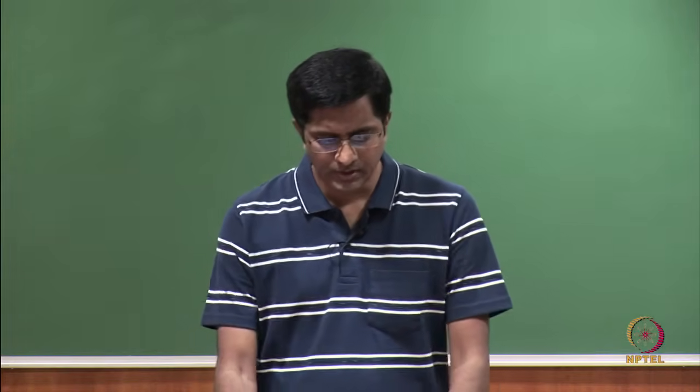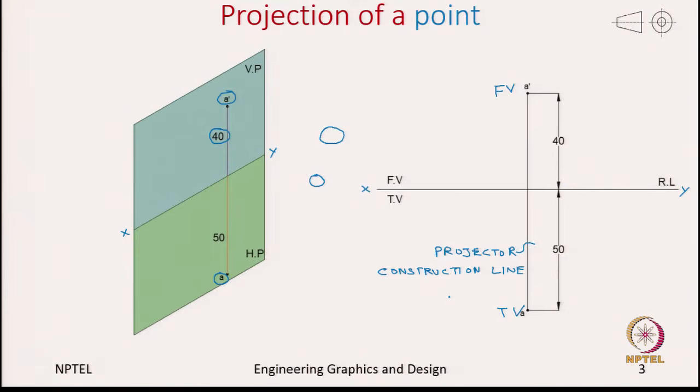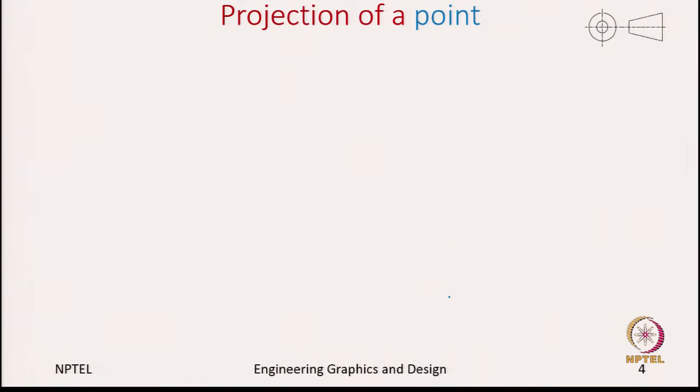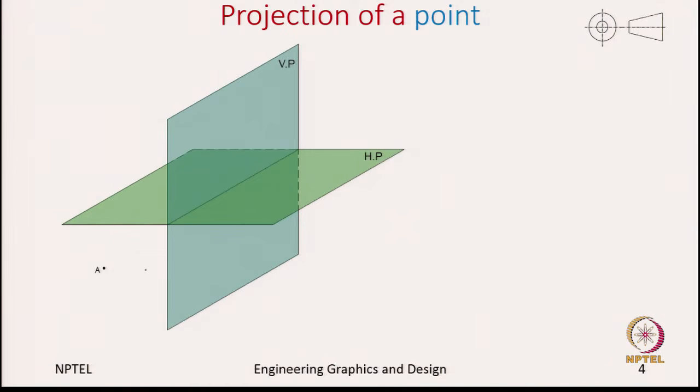Okay. So, now let us again look at projection of a point, but instead of working in the first angle projection, now we will show it in a third angle projection, where we put the point in the third quadrant. So, here is point A placed in the third quadrant, which is below the horizontal plane and behind the vertical plane. Now let us try to capture the front view and the top view.